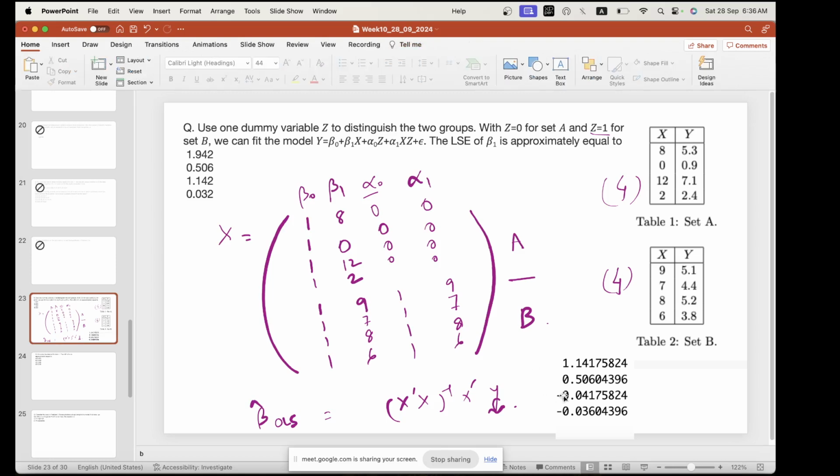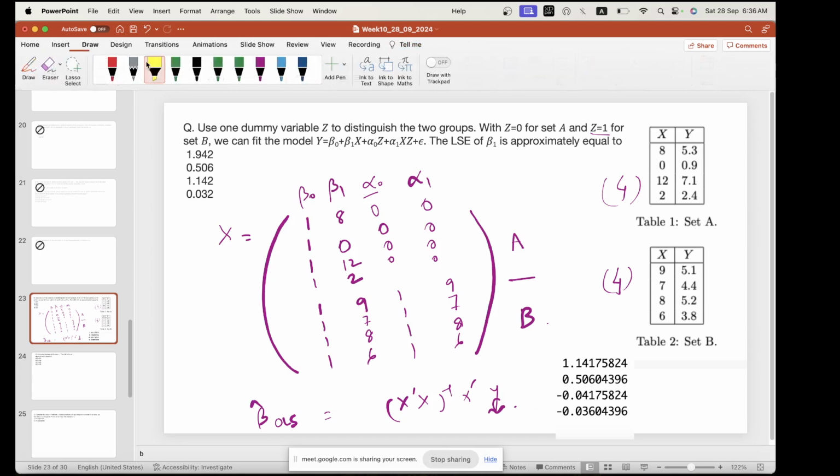So this is equal to beta hat. The first one is the LSE of beta naught, beta naught hat. Second one is beta 1 hat. Third one is alpha naught hat, and the fourth one is alpha 1 hat. So from here beta 1 hat is actually option B, 0.506.